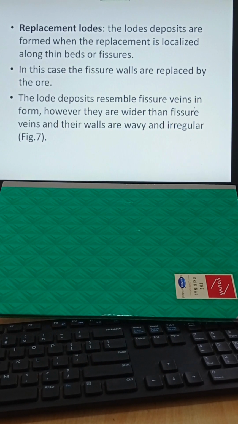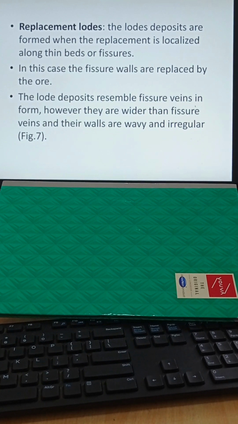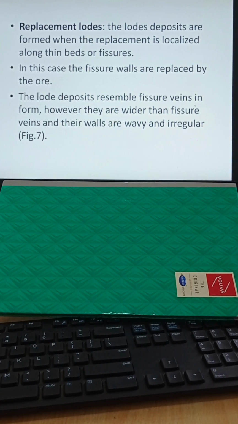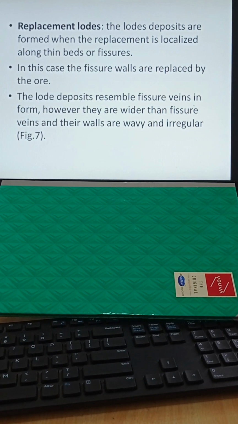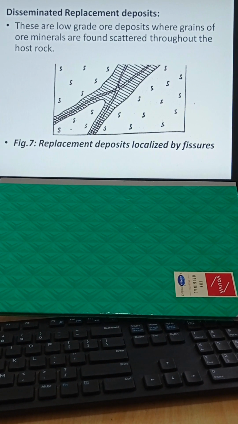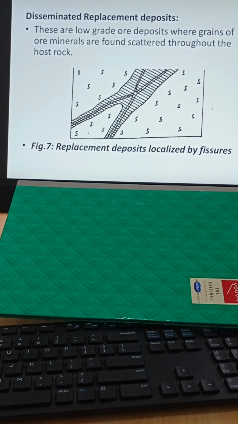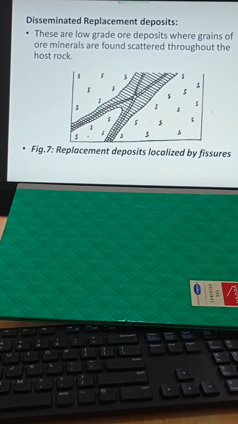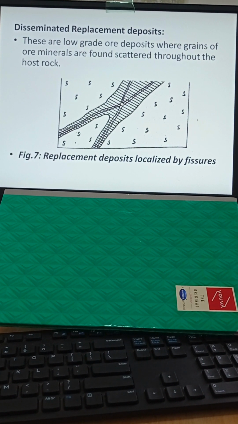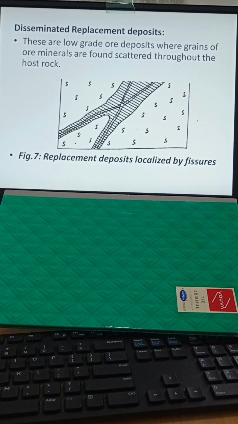The lode deposits resemble fissure veins in form; however, they are wider than fissure veins and their walls are wavy and irregular, as shown in figure 7. Disseminated replacement deposits. These are low-grade ore deposits where grains of ore minerals are found scattered throughout the host rock.